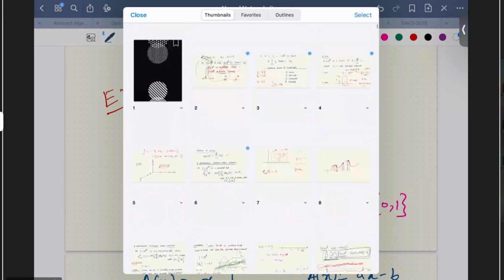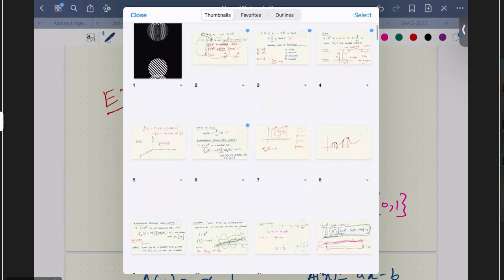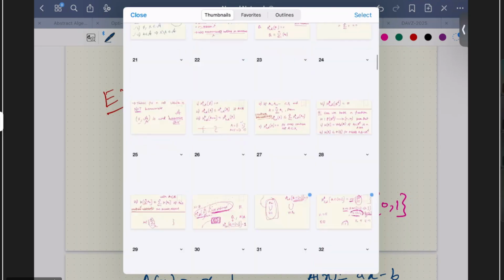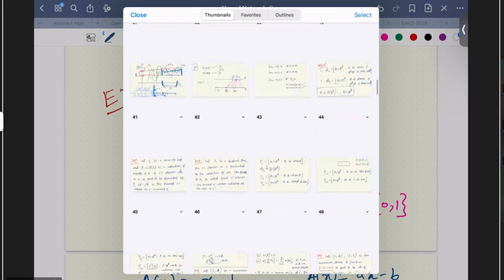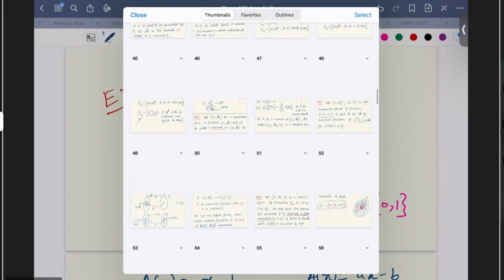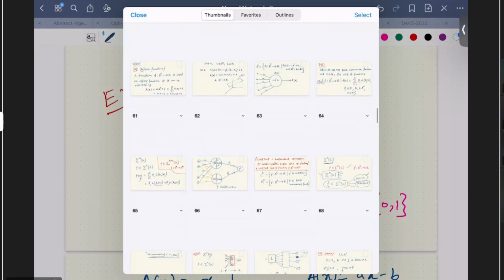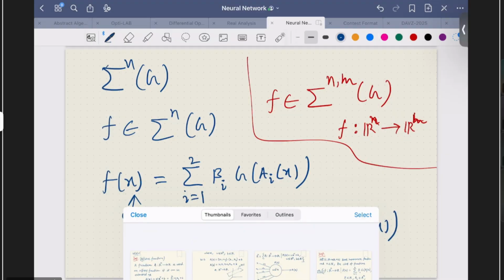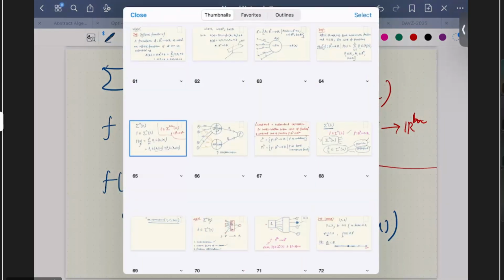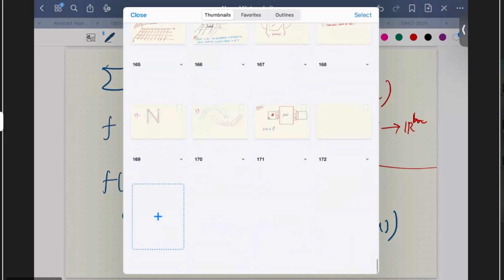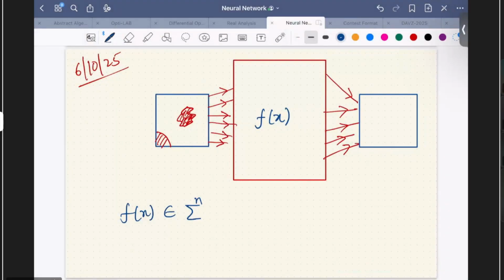What is our sigma net notation? Yeah, sigma n of g. This is sigma n of g, where g is the activation function. Based on that, we get this sigma n g.